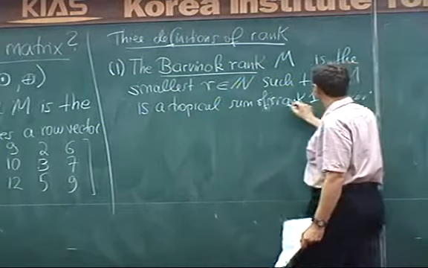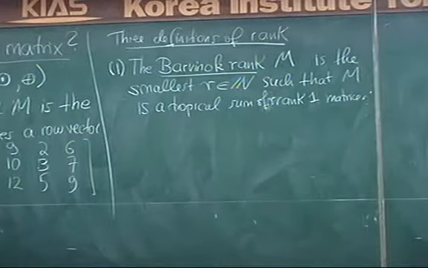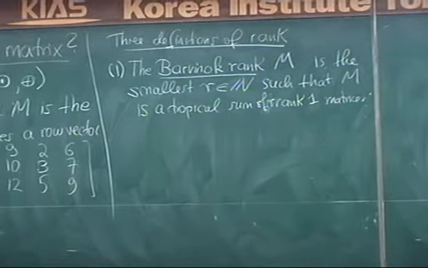Okay? So I'm going to say a matrix has Barvinok rank r if I can write it as a tropical sum of r matrices of rank 1, but I cannot write it as a sum of r minus 1 matrices of rank 1.